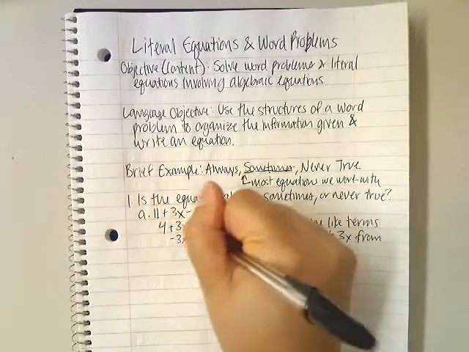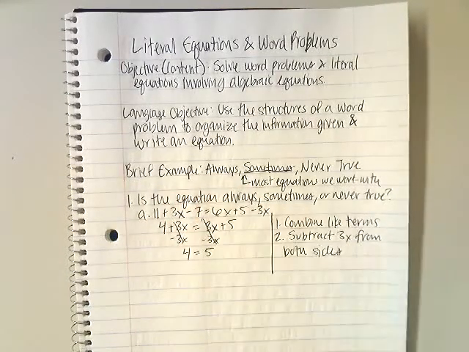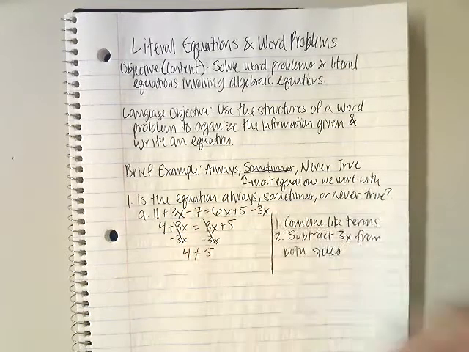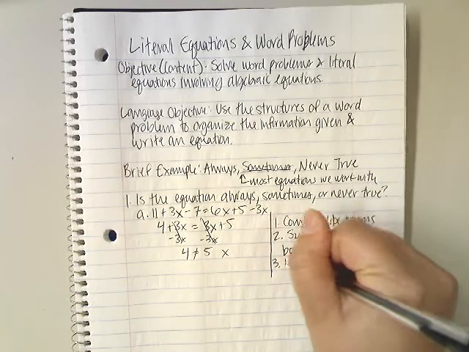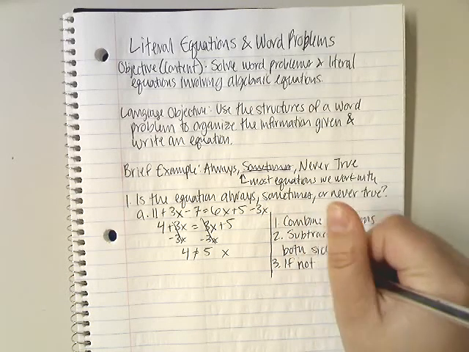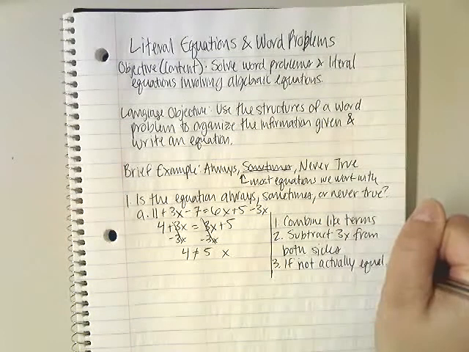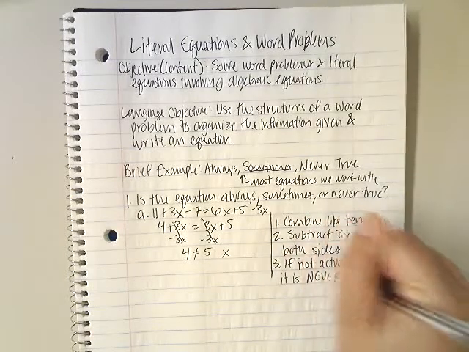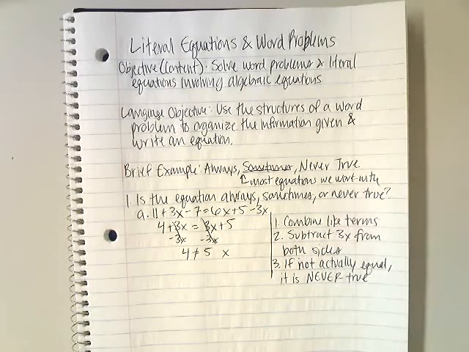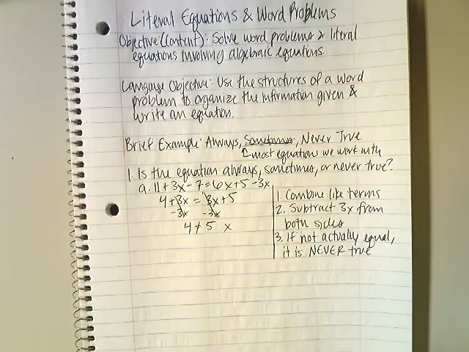And we will see that indeed 4 does not equal 5, so that does not work. It is never true. So when we solved everything correctly, this can't be true, so the equation up here will never be true. There are no solutions, it's never true.